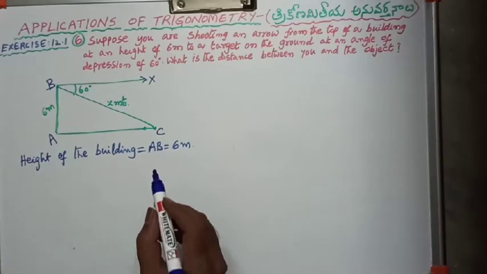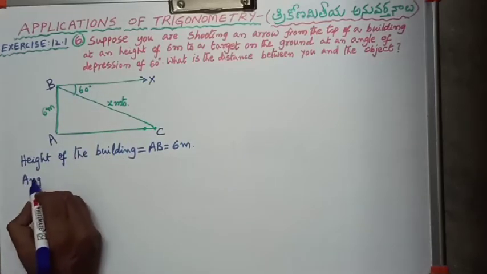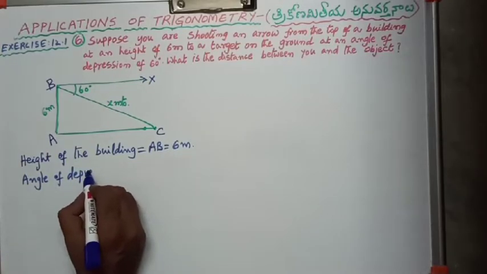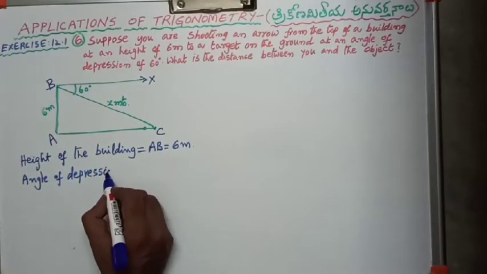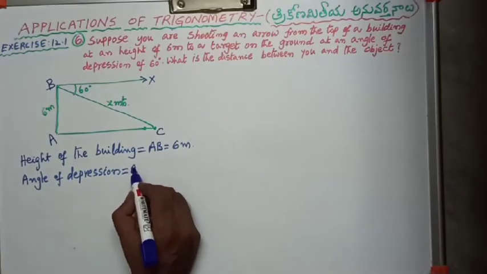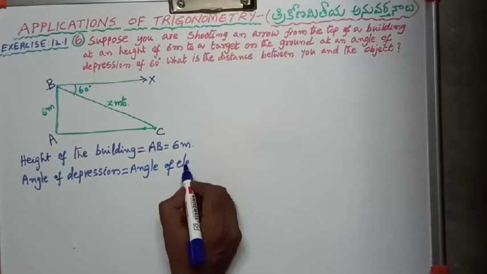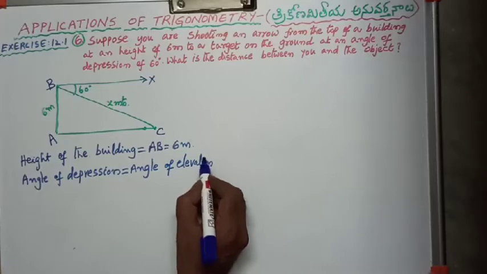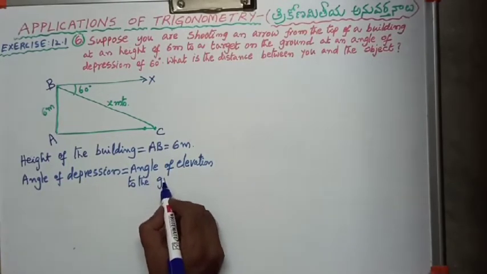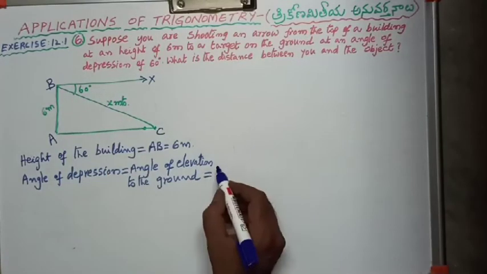And next, what is given? Angle of depression is equal to angle of elevation to the ground, that is equal to 60 degrees.